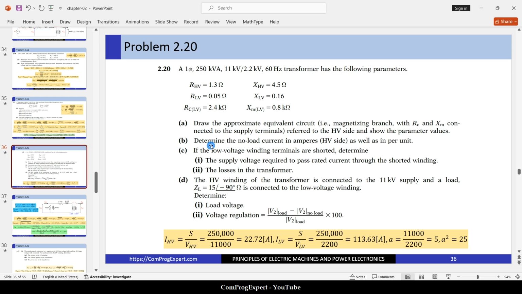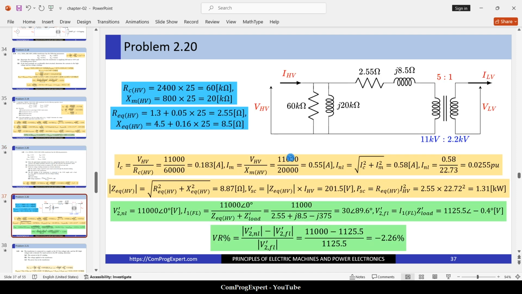B. Determine the no load current in amperes for the high voltage side as well as in per unit. Similar to the previous problem. What is the value of the core current, the equivalent core resistance? The voltage of the primary winding divided by RC, 60 kilo ohm.